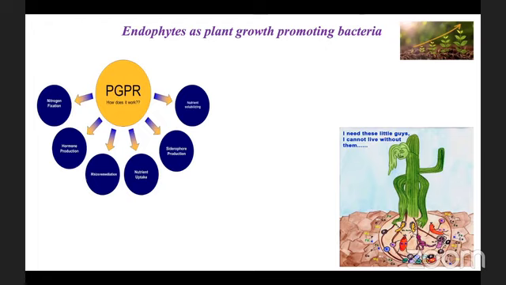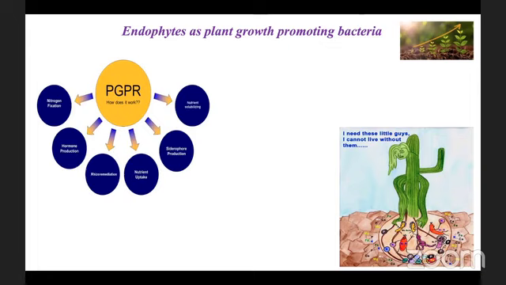Even our body consists of multiple types of beneficial microorganisms. Without them, we cannot survive. Even if we eradicate the whole gut microbiota, that is, the microorganisms present in the intestine, we cannot live. Similarly, a plant also requires some amount of beneficial microorganisms so that it can easily survive in the environment.